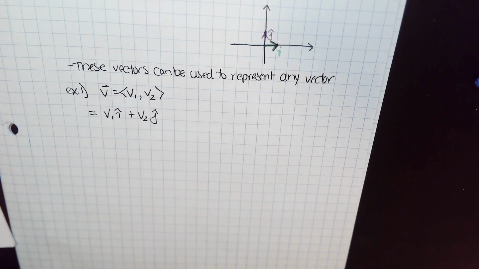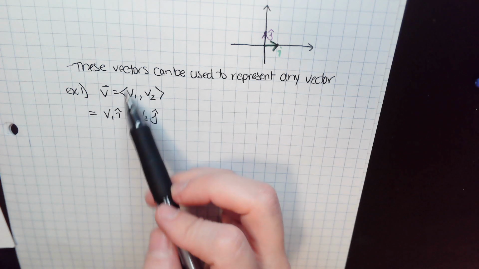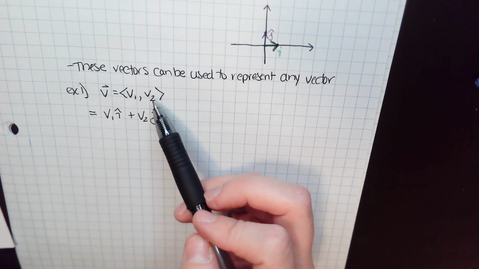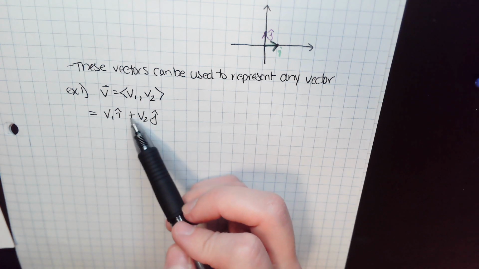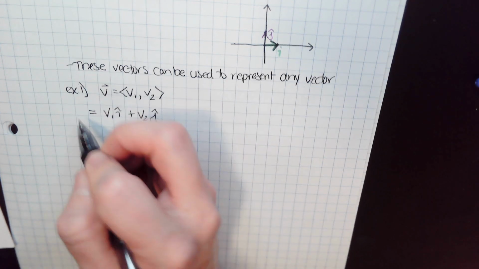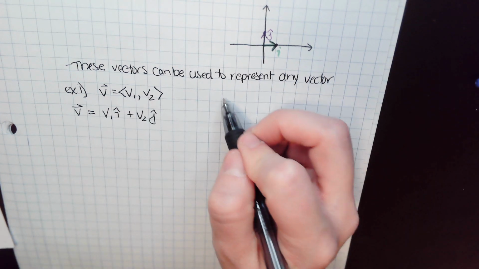So really all you're doing is putting an i next to the first component and a j with the second. Instead of a comma, it's a plus sign, and there are no angled brackets anymore. Those two forms are equivalent.